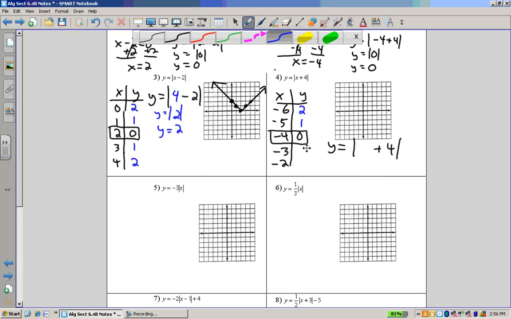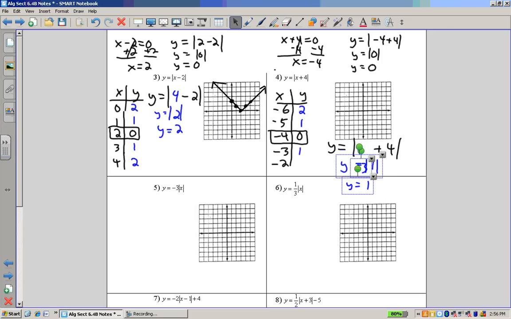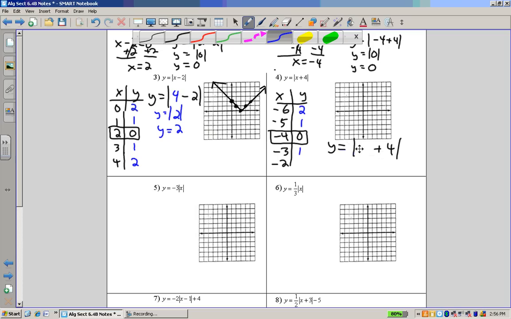Okay, let's plug in -3. -3 plus 4 is 1. 1 is 1 unit away from 0 on the number line. And let's see, -2. -2 plus 4 is 2. The absolute value of 2 is 2.